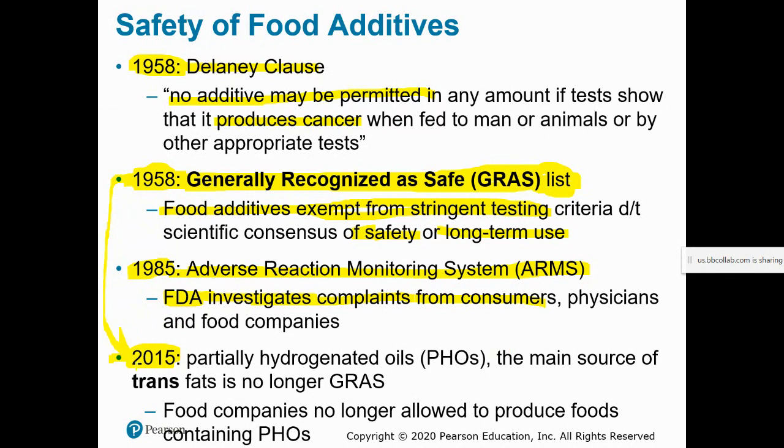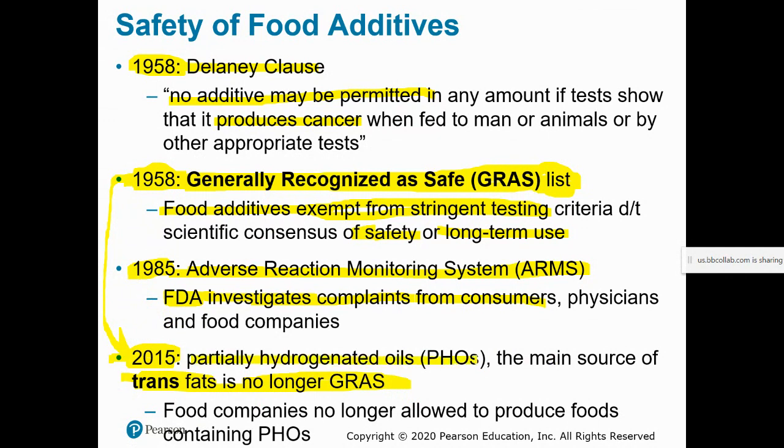It took a while, but by 2015, trans fats, which used to be part of the GRAS list, generally recognized as safe, were finally removed because we finally had so much evidence that this was actually a really damaging substance to have in our food supply.